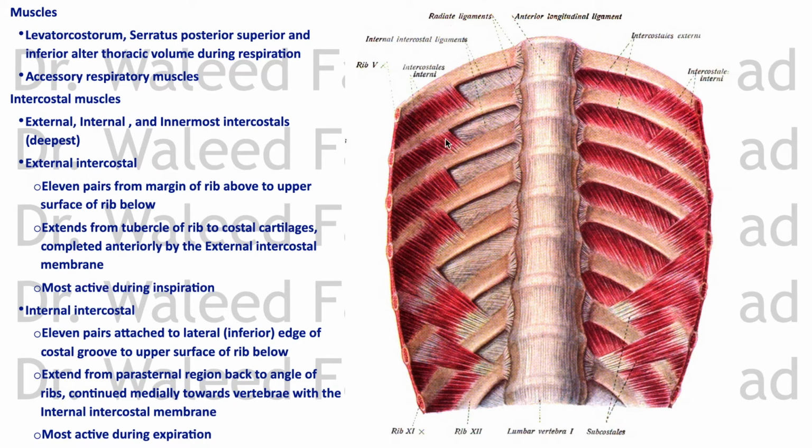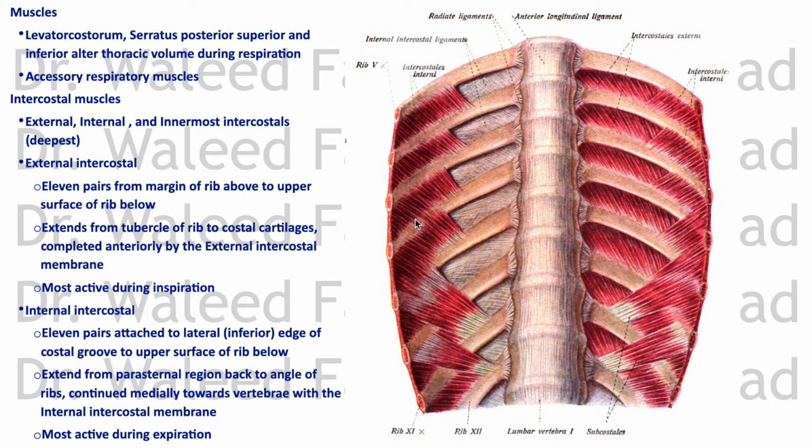For example, they bring you this specimen and they put a flag on muscle fibers here. So don't be tricked and answer internal intercostal. No, these are the external intercostals, but seen from the back. And the same story at the front. Muscle fibers visible through the external membrane belong to the internal intercostal muscle.